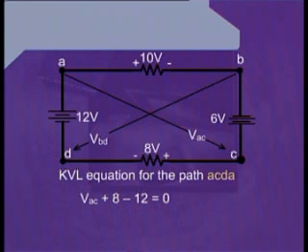Therefore, we will write minus and the value of this voltage source, which is 12, and equate all this to 0. Simplifying this expression, we have VAC equal to 4 volts.